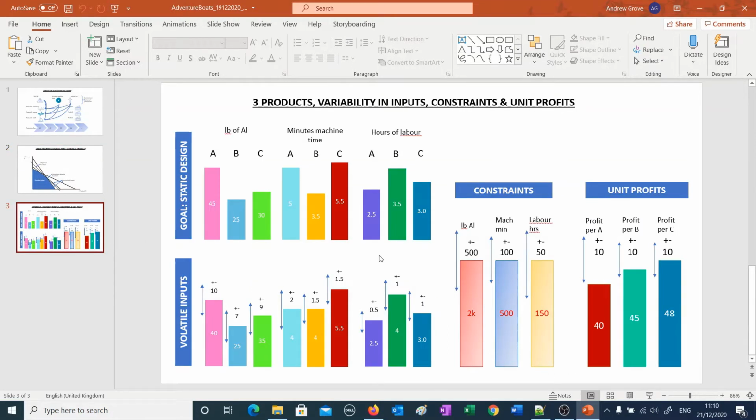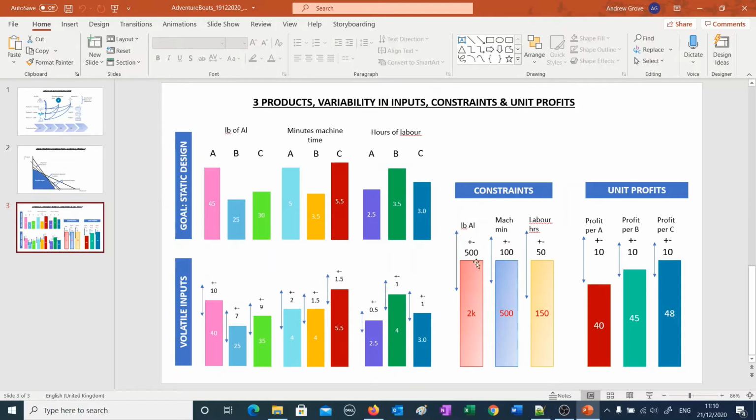If we have a look at this diagram, we can see all the variables for the production of Adventure Boats. We can see that the inputs of aluminium, machine time, and labor for each of the products varies for production runs currently. So that's the design, varies. Also, the unit profits vary because the customers negotiate prices.